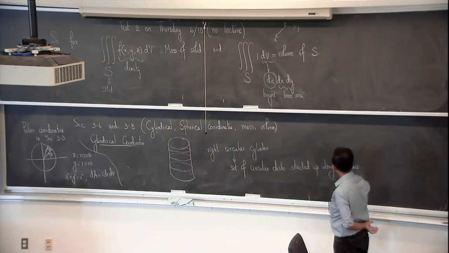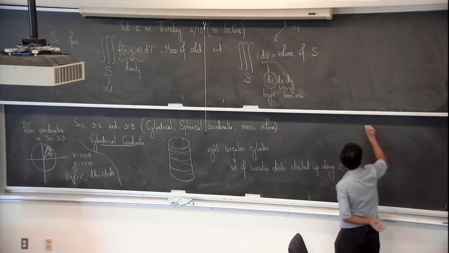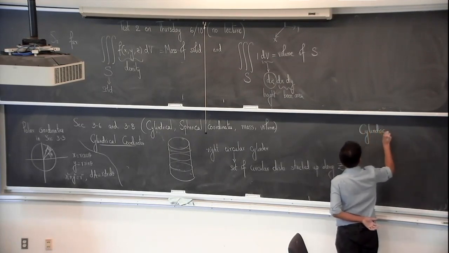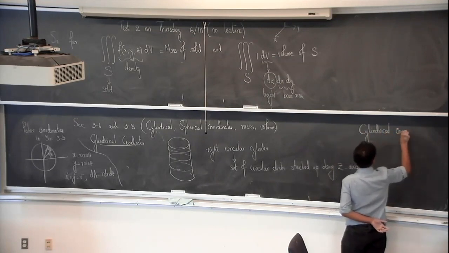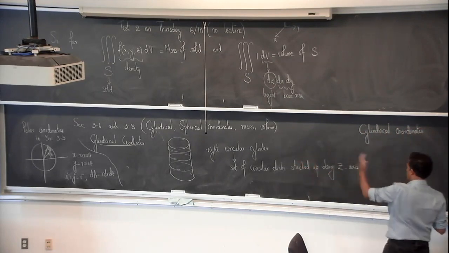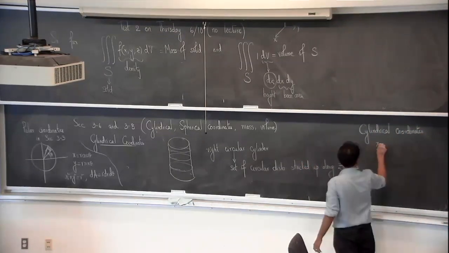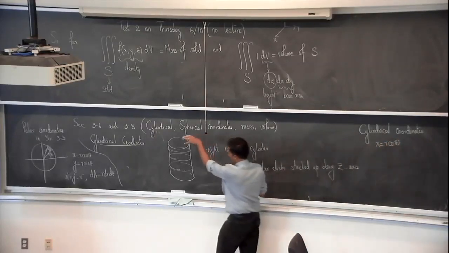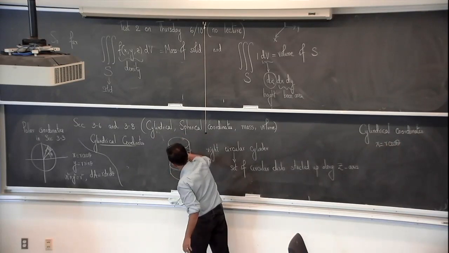All right, so we can define the cylindrical coordinates as follows. Mostly it is just copy and paste. That's a good thing about cylindrical coordinates: just borrow things from polar coordinates. You're still going to have x equal to r cosine theta, because your cross section on the xy plane is a circular disk.